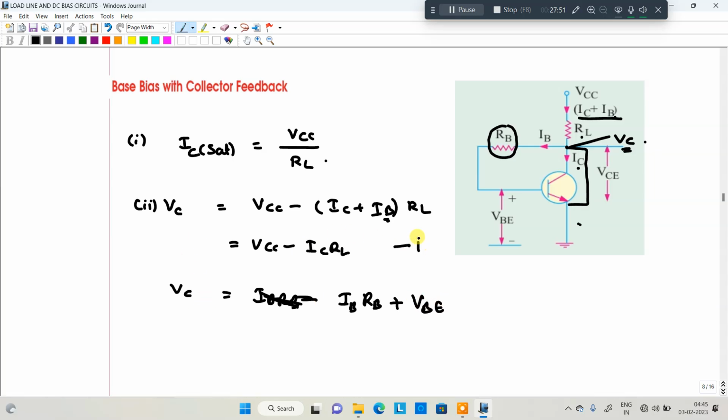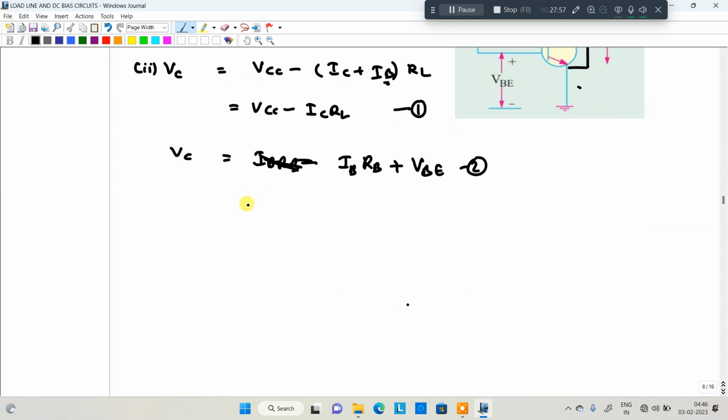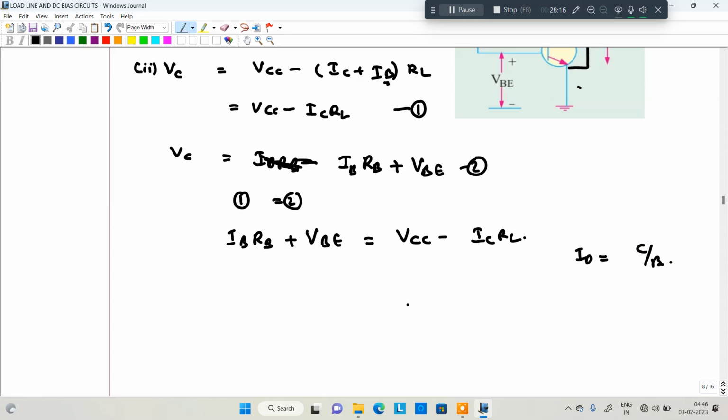For example, this is the 1, this is the 2. I am going to equate both. 1 is equivalent to 2. Then you will get IB RB plus VBE is equal to VCC minus IC RL. Now IB is equal to IC divided by beta, I can substitute. So finally IC by beta into RB plus VBE is equal to VCC minus IC into RL.